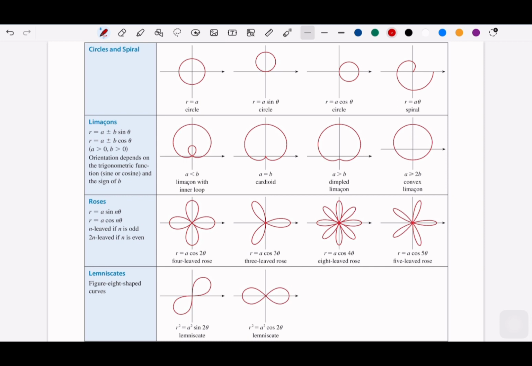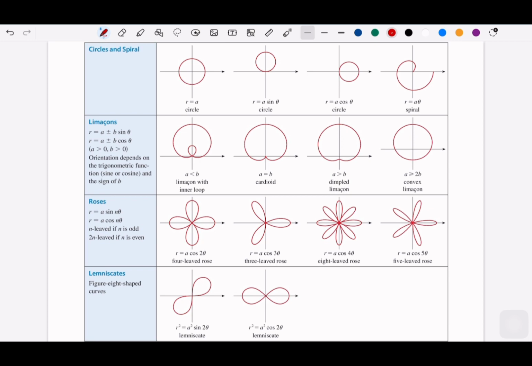So basically the limaçon is a plus minus b sine theta or cosine theta. If a equals b, then it will be a cardioid. If a is less than b, we would have a loop.